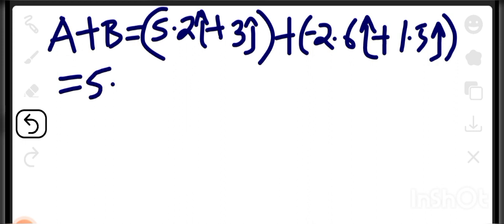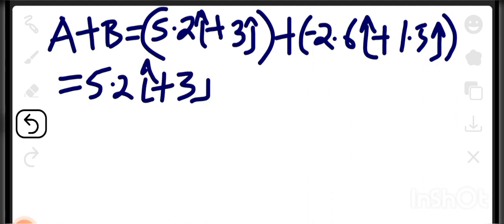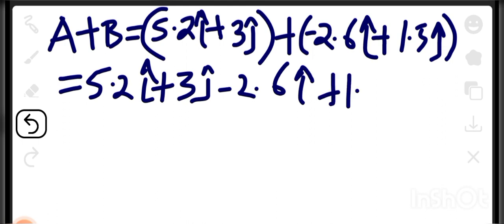That is 5.2 i plus 3j. Then the same thing, there's nothing here, it's just plus. If the bracket remains the same, plus 1 times minus 2.6 will still be minus 2.6 i plus 1.5 j.